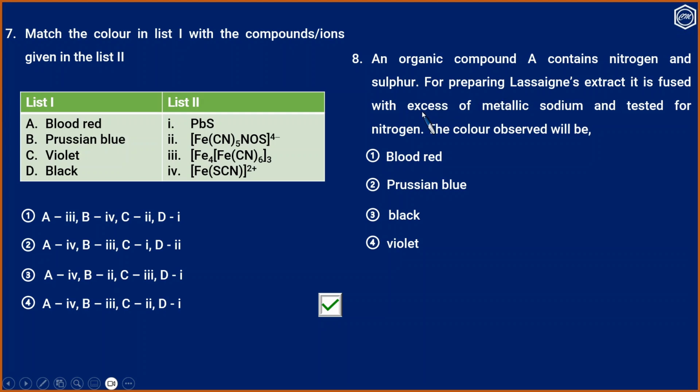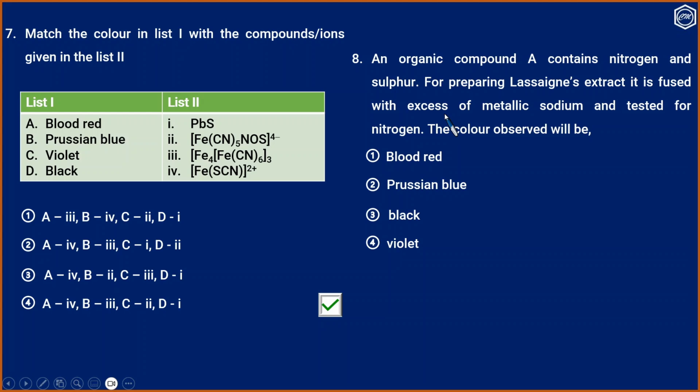But we are fusing with excess of metallic sodium. So when fused with excess of metallic sodium, the thiocyanate will be decomposed. Since sulfur is also there, a black precipitate of ferrous sulfide will be formed when we add ferrous sulfate to the solution.